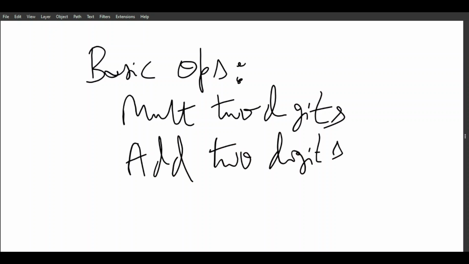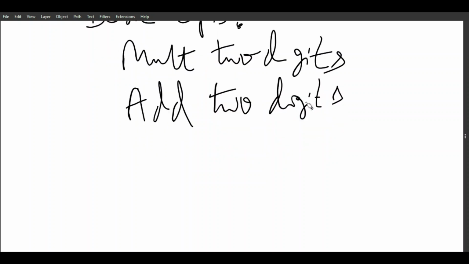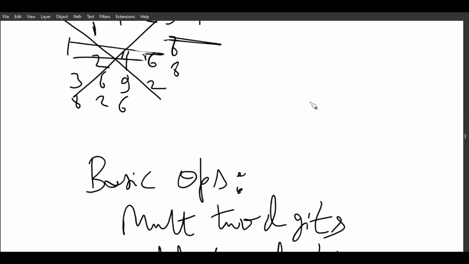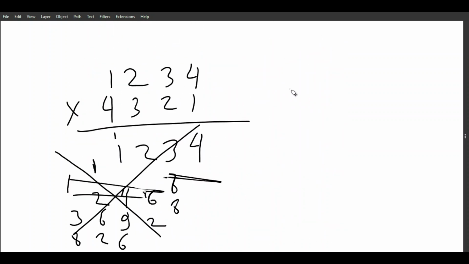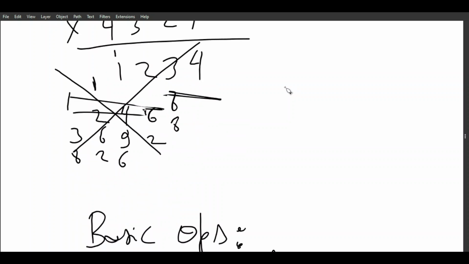These are the basic operations, and we count the number of basic operations. Again taking the same example, how many multiplications are we doing? You can easily see there are 4 multiplied by 4.